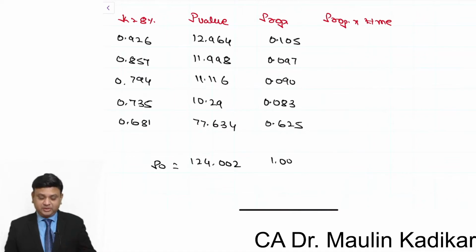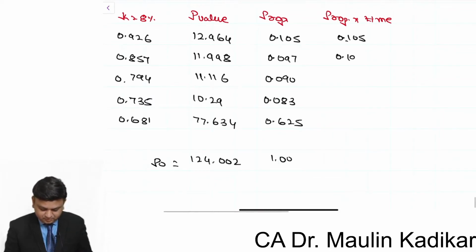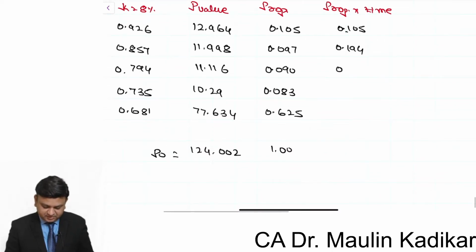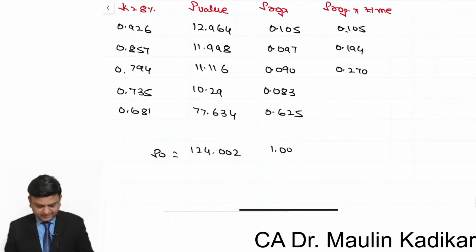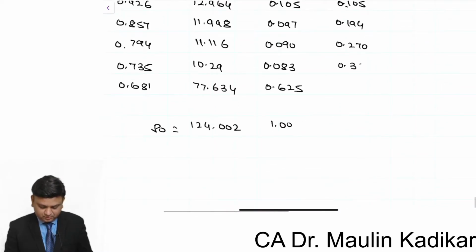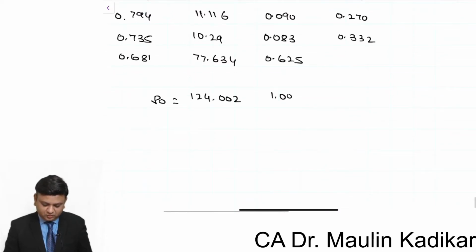So proportion into time period: 0.105, 0.194, 0.27, 0.332, 3.125.